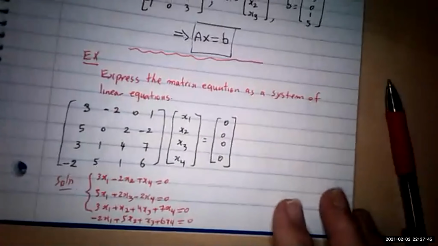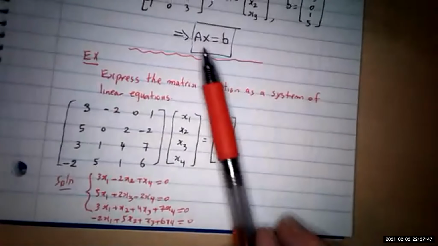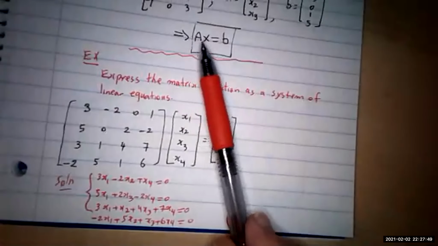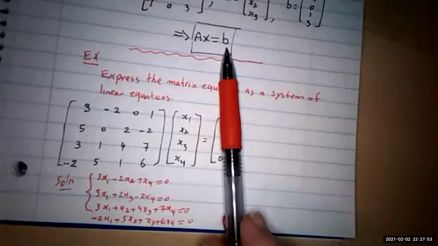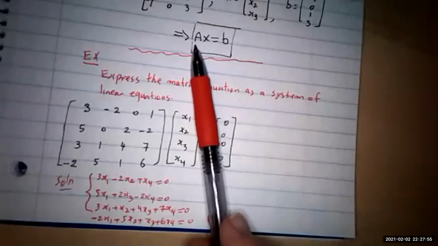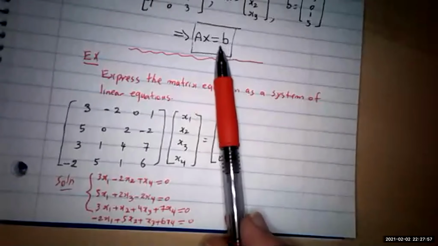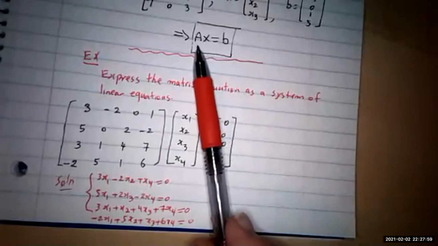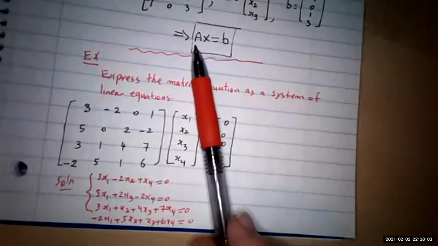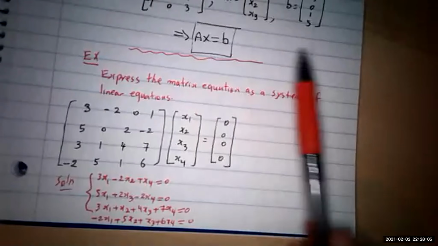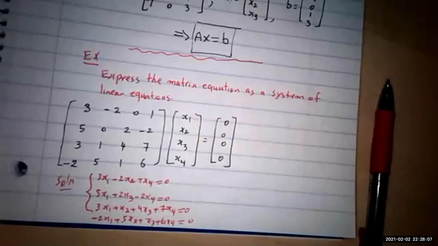If you want to solve the system of equations, you can stay here and solve Ax equals b. To solve Ax equals b, you have to solve for x, like the one we talked about. It's like dividing by A, if you like. Division is a kind of inverse of multiplication.